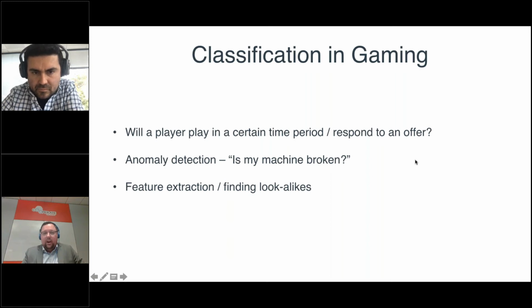There's a lot of reasons why the card reader wouldn't have worked, but you could imagine setting a classifier on top of that data set and trying to predict, is this card reader broken, or is it likely to be broken soon, or is it functioning normally and just getting the usual one-off card with a little bit of dirt on it, so it had a bad read or the guy made a bad swipe or something like that. So anomaly detection is one application of classifiers I think is pretty interesting.